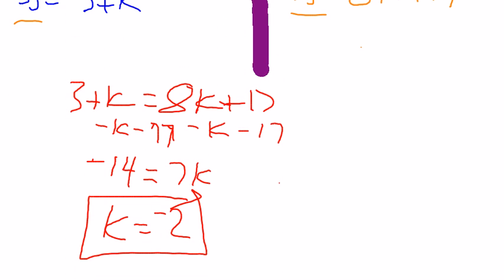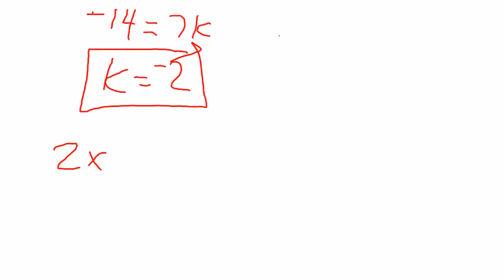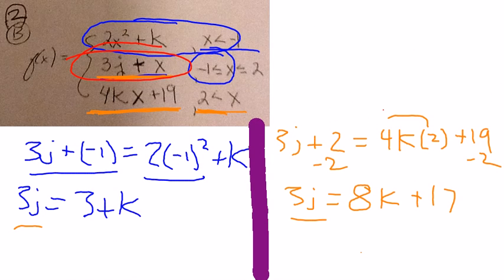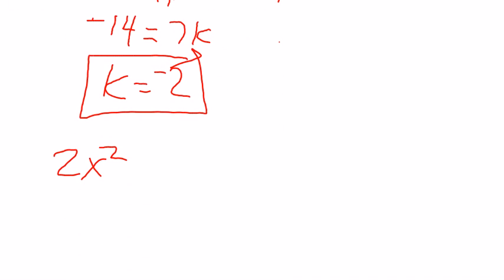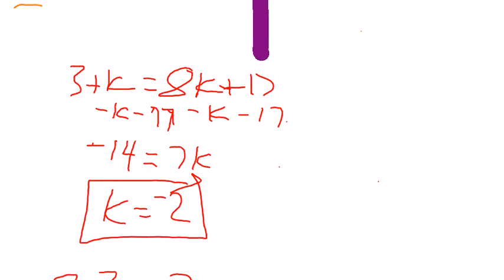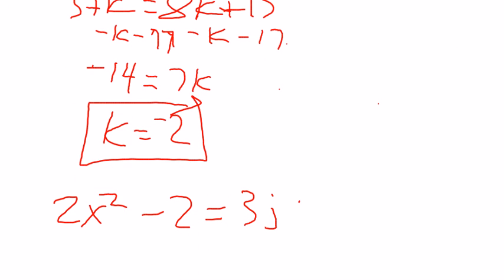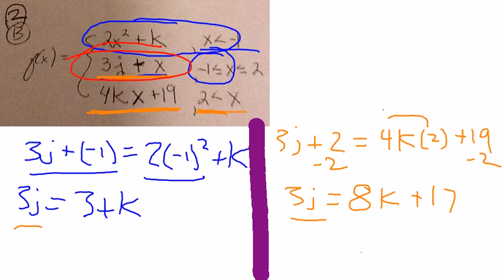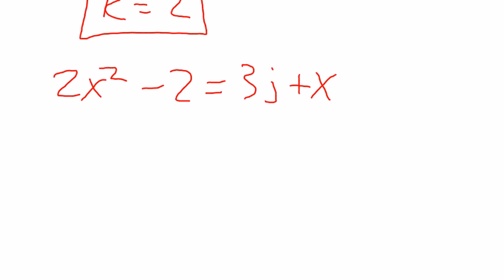So I'll get 2x squared, and I have to peek again, 2x squared minus 2 equals 3j plus x, and we want to check that out at the x value of -1, so I substitute in, and I get 2 times -1 squared minus 2 equals 3j minus 1.